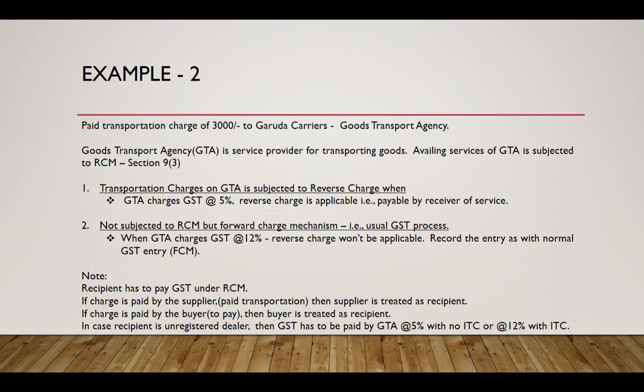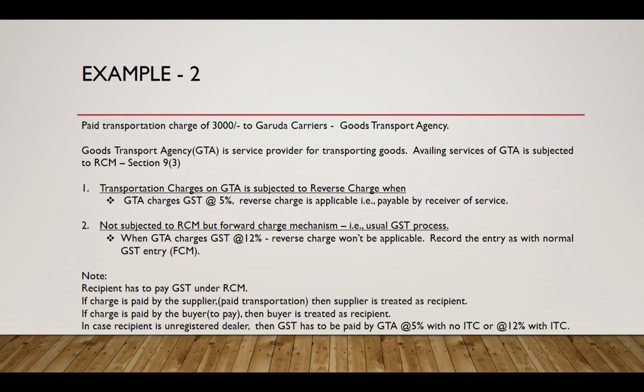Now one important part which needs to be discussed is who needs to pay GST under reverse charge mechanism. In the consignment note, it will be written that the recipient of service is liable to pay GST under reverse charge mechanism. So who is the recipient? If transportation charge is paid by the supplier, which is paid transportation, then the supplier is treated as recipient and he has to pay GST under reverse charge mechanism.